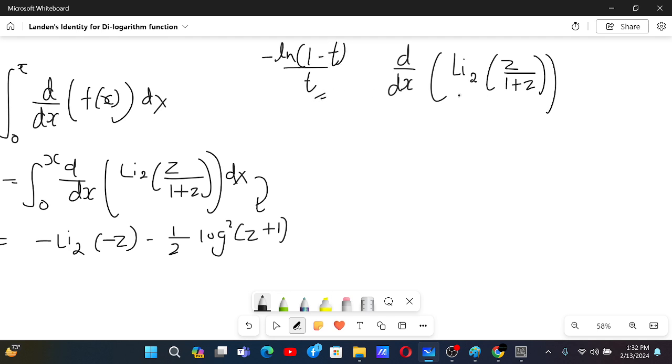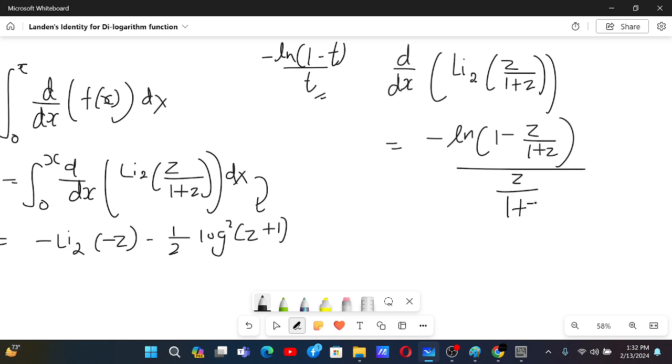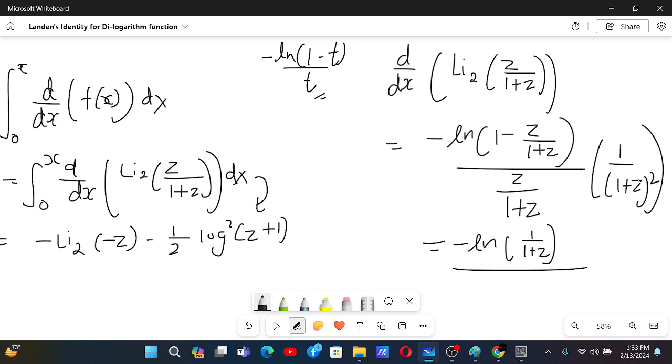So we get minus ln of 1 minus g by 1 plus g, divided by g by 1 plus g, and then the derivative of g by 1 plus g is 1 plus g times 1 minus g times 1 by 1 plus g, so 1 by 1 plus g squared. You can use the quotient rule to get this. Now the numerator is 1 plus g minus g, so 1 by 1 plus g, and one factor of 1 plus g cancels out, so we have g times 1 plus g in the denominator.